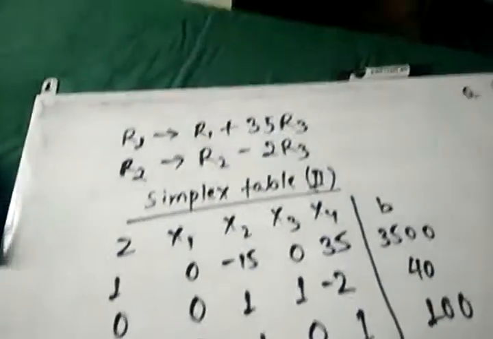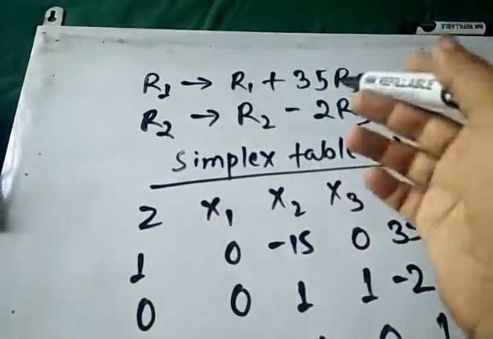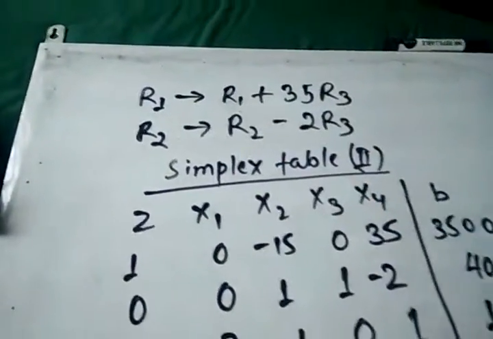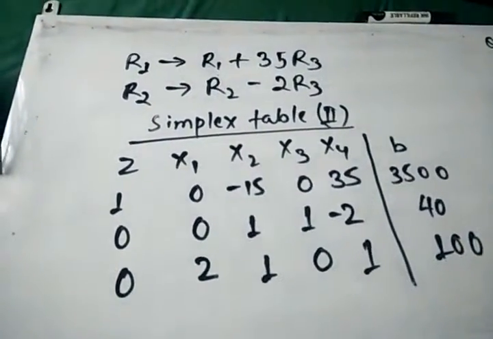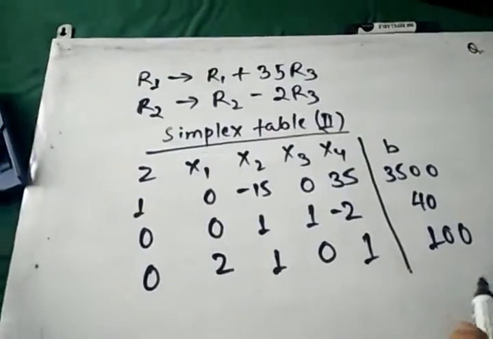How do we get this? We get this from this equation. We have row 1, row 2 and row 3 in the above lines, and after doing this we get this form.